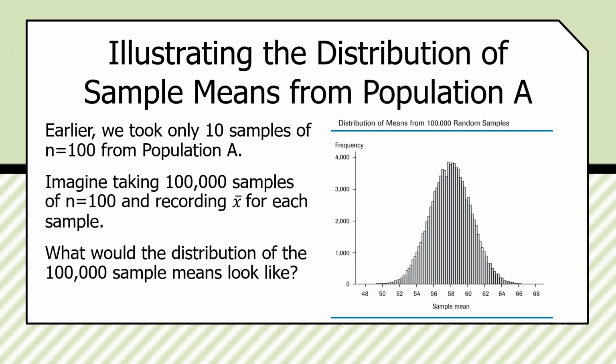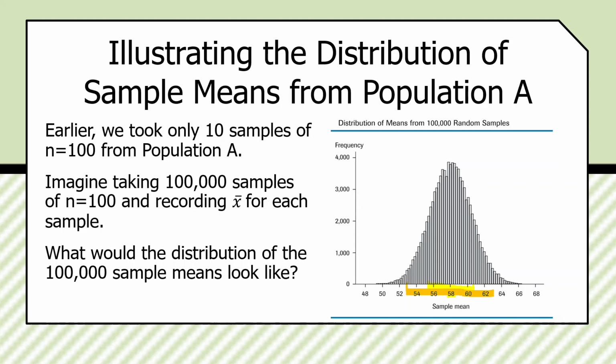Here's the population mean. If we go out to 60.5, and then come down to 55.5, that interval contains 68% of all possible sample means. If we go out to 63 on the high end, or down to 53 on the low end, that interval contains 95% of all possible sample means.